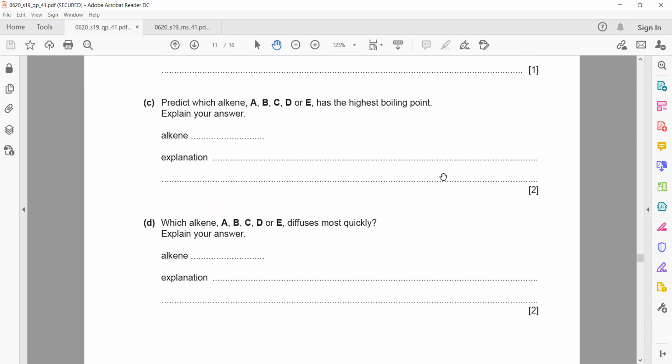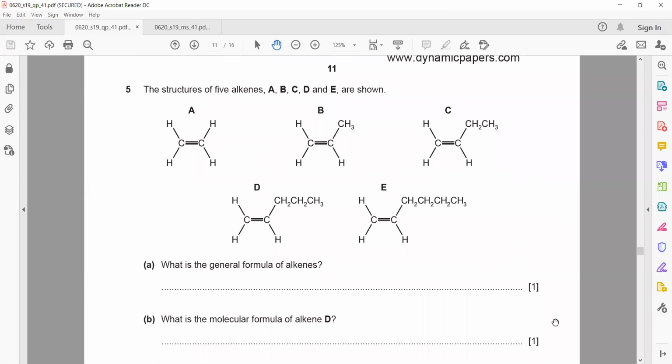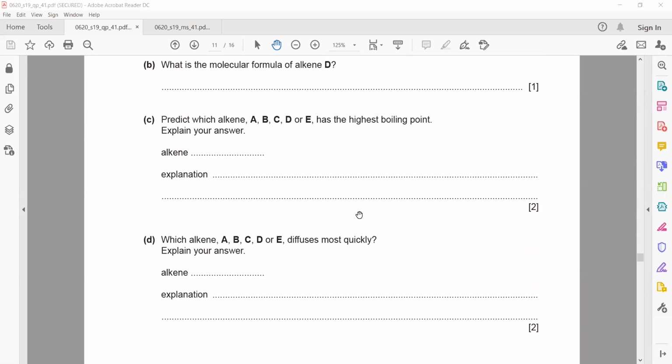In the next question, which alkene A, B, C, D, or E diffuses most quickly, and explain your answer. Which will diffuse faster? A will diffuse faster, but when you mention diffusion, you should mention the mass. So smaller molecular mass, that's why it will diffuse faster.